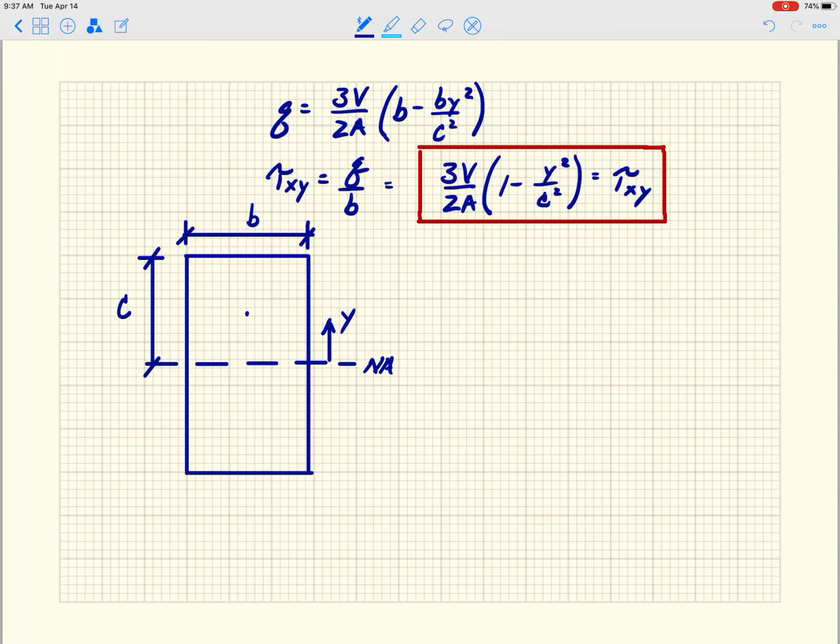And V is the vertical shear force. So that's V. And then the only other thing I want to do is show the area. So the overall cross section, that's the area. So this is going to equal 2BC. So let me just clean that up a little bit here.